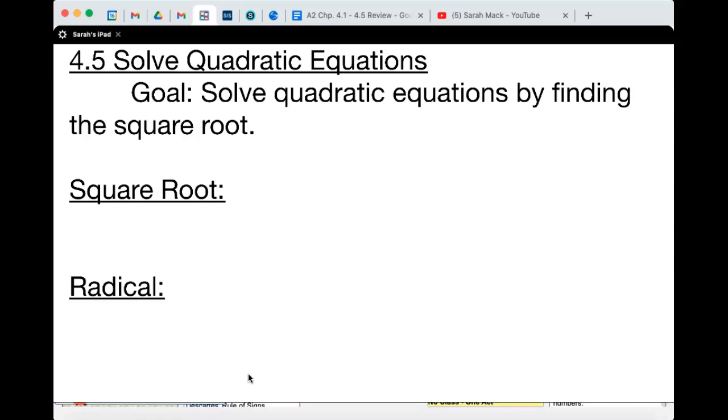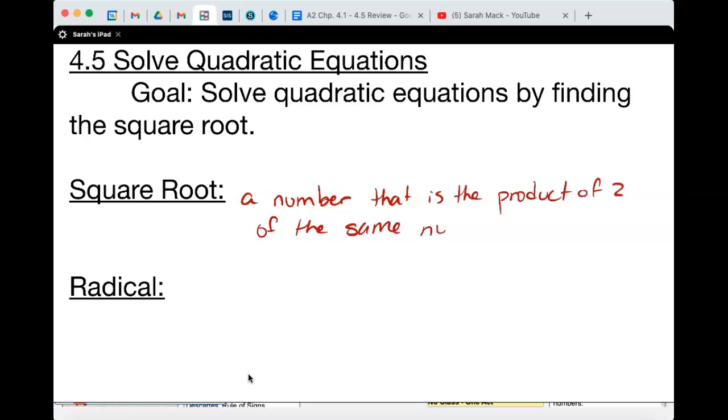So can anybody tell me what a square root is or a radical? A number that is the product of two of the same numbers, like 8 times 8, 9 times 9.